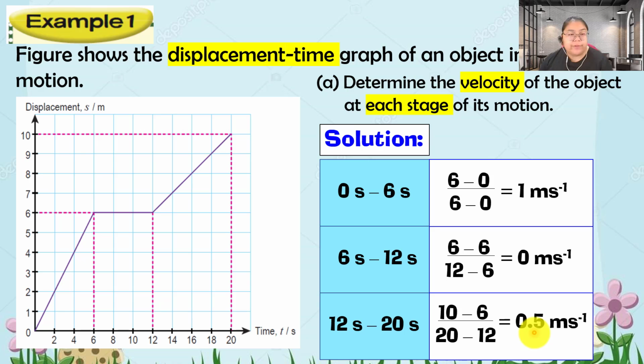So from here, I find that the object is still moving with a velocity of 0.5 m/s. You can see all of these are positive, which means the object keeps moving to the right-hand side. So this is how we find the velocity of a moving object for every stage.